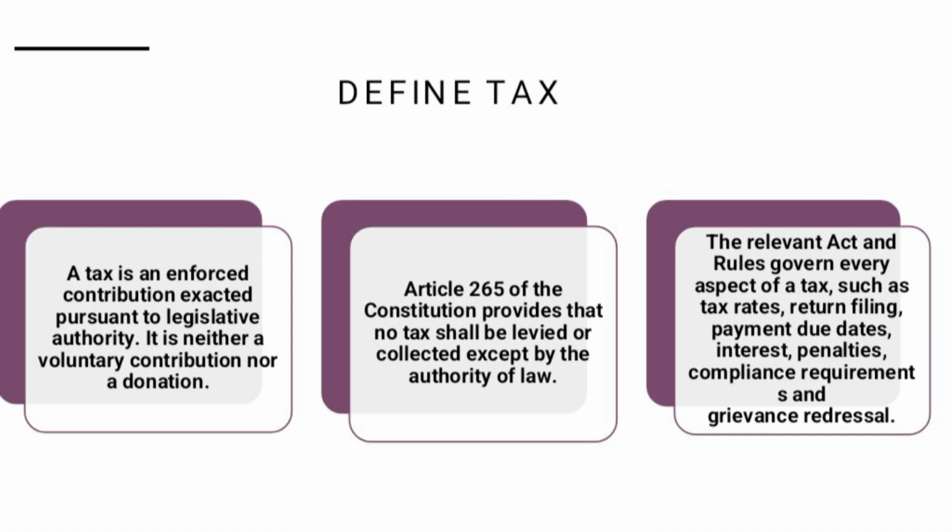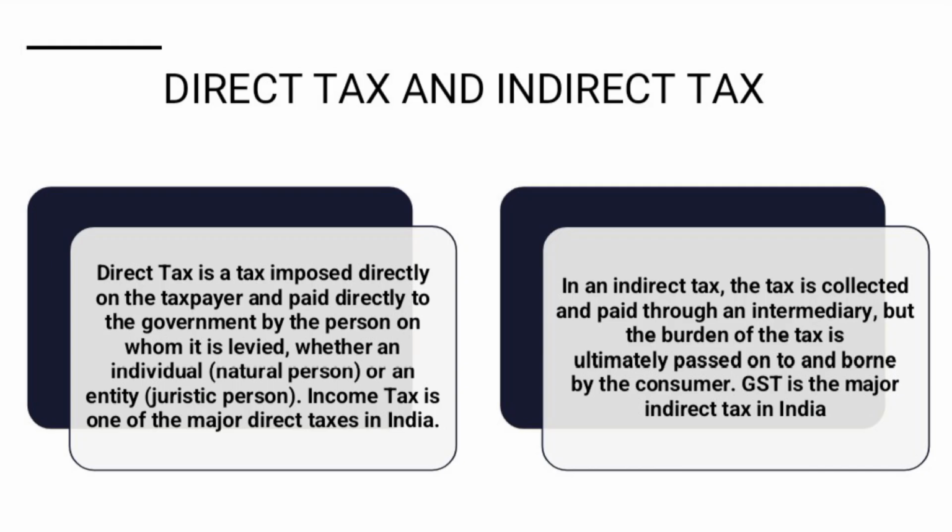There are two types of tax: direct tax and indirect tax. Direct tax means the tax is directly paid to the government while filing the return. Direct tax is a tax imposed directly on the taxpayer and paid directly to the government by the person on whom it is levied, whether an individual, a natural person, or an entity, a juristic person. Income tax is one of the major direct taxes in India.